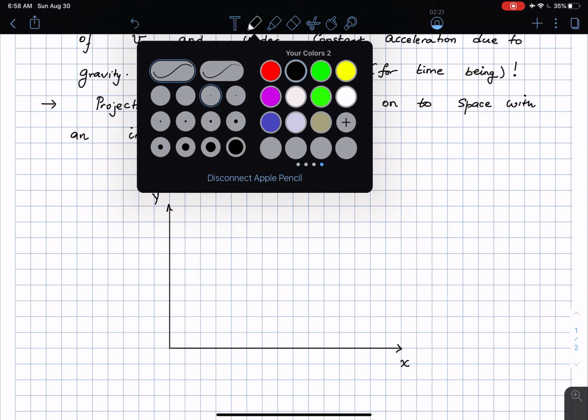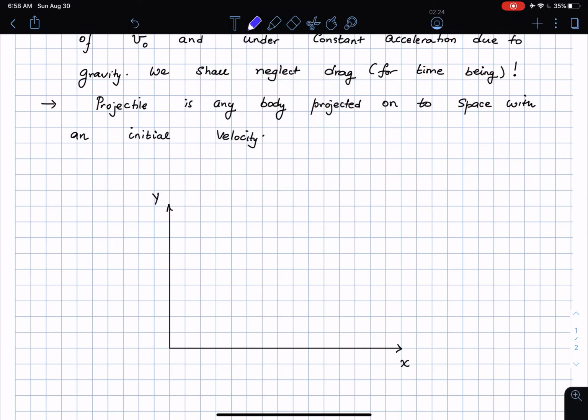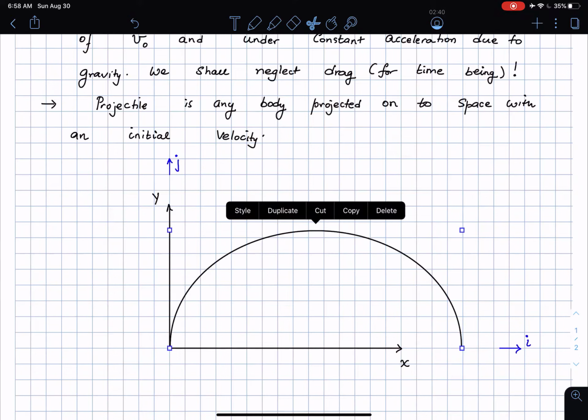I have some unit vectors along these directions which I typically mark as i and j. So this is i and this is j. For the trajectory, I already have it drawn, so I'm just going to pull that up. I'm assuming that this is some hypothetical trajectory for the particle.